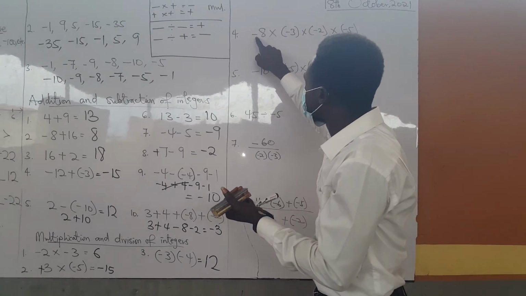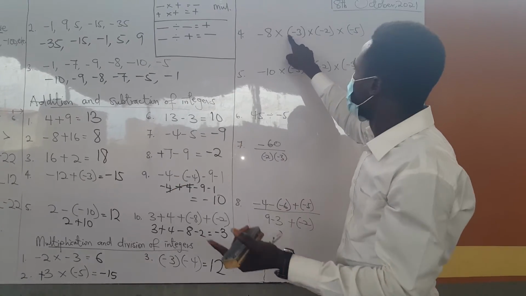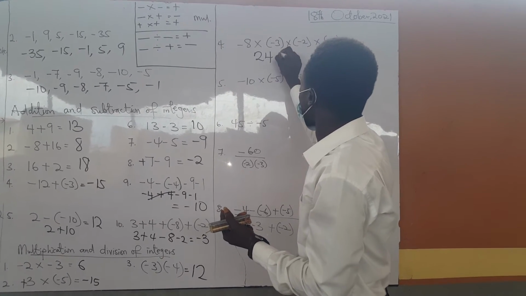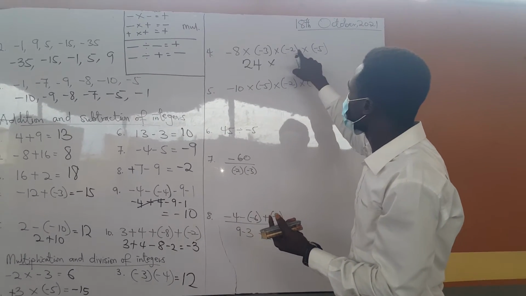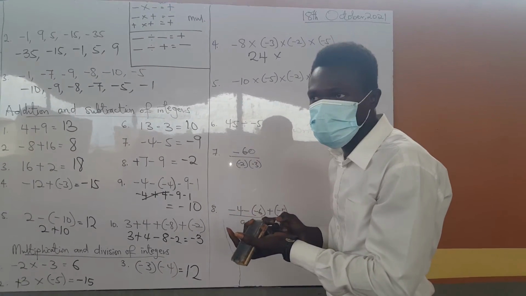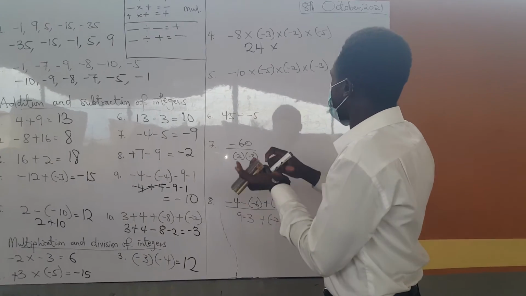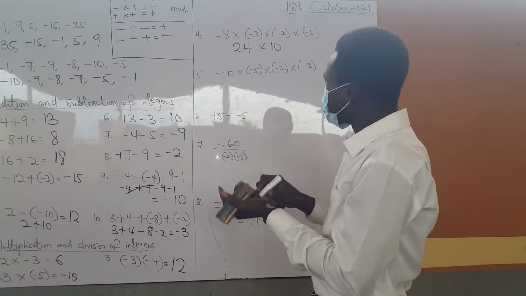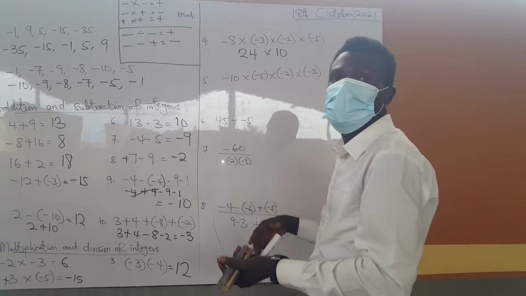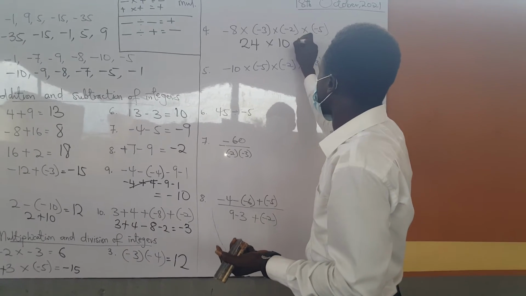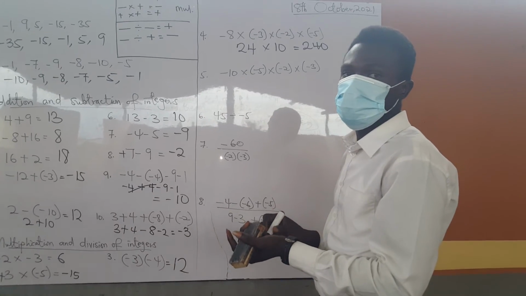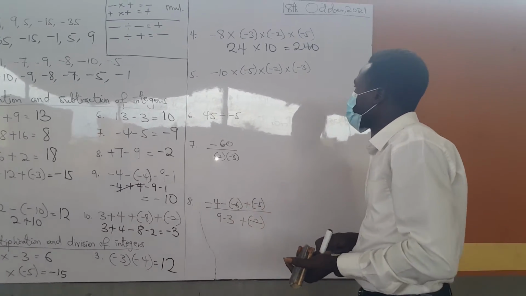Negative 8, negative times negative is positive, so 8 times 3 is 24. Times negative 2 times negative 5, negative times negative is positive, so 2 times 5 is 10. Now I have positive here, I have positive here. Positive times positive is positive, so 24 times 10 is going to give us 240. As easy as ABC.